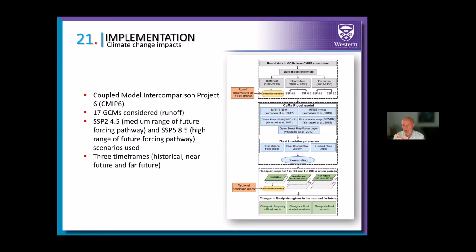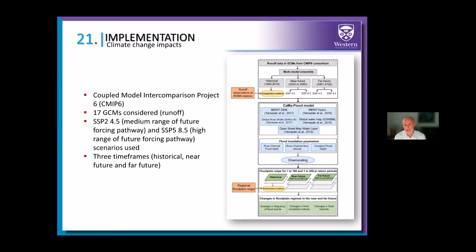One was to run these models on the historical period, so that we can compare to benchmark information and the reanalysis type of work, and then near future between 2020 and 2060, and the far future between 2060 and 2100.